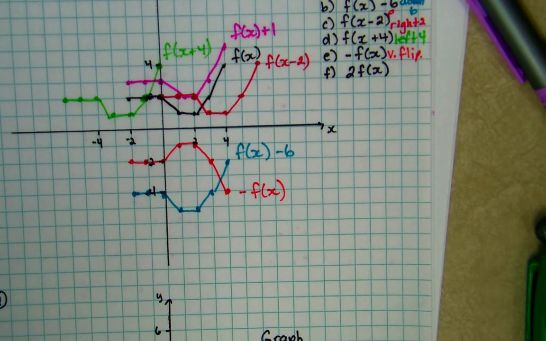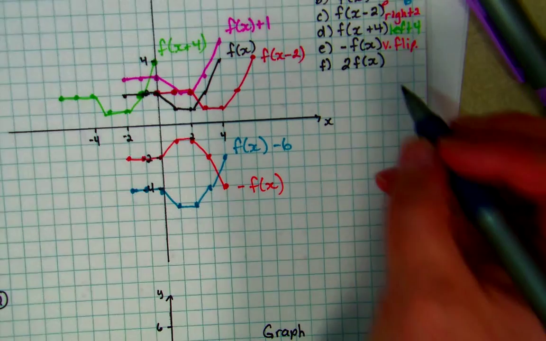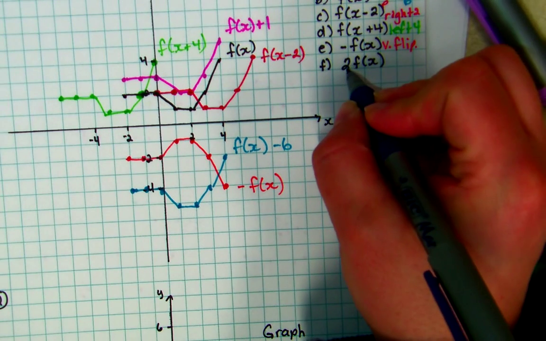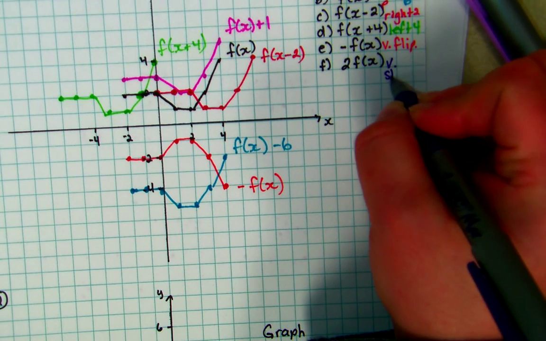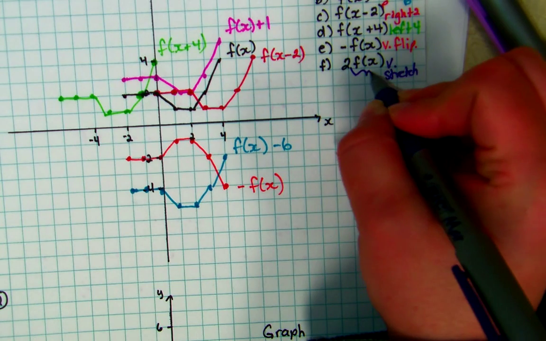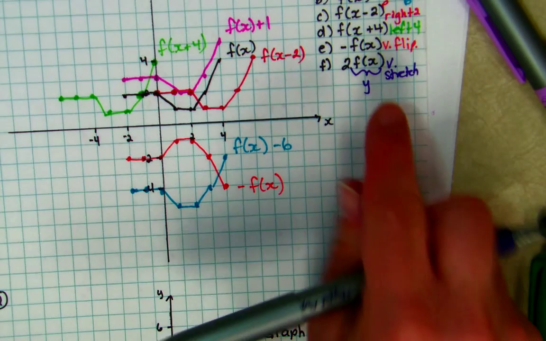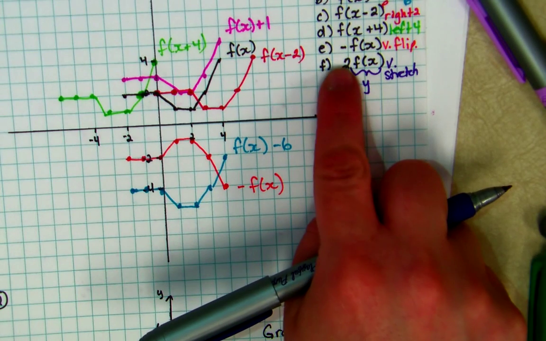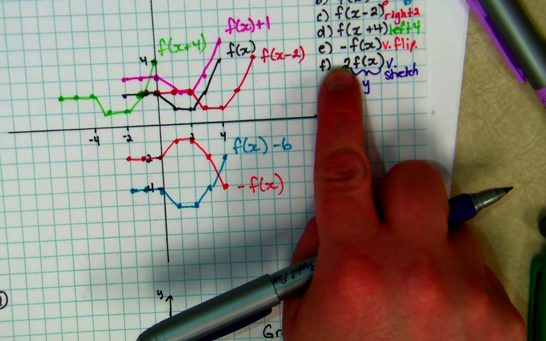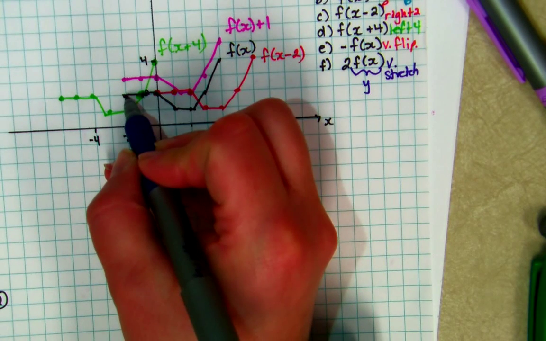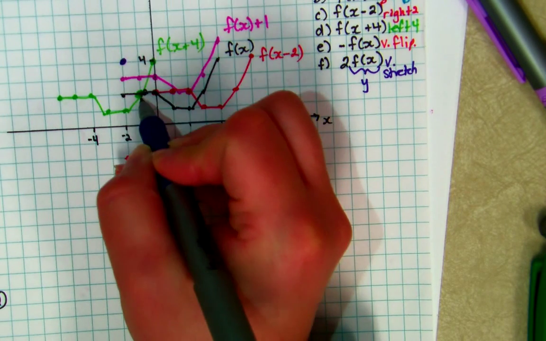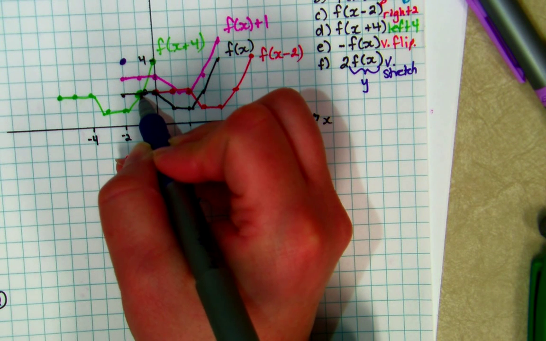So now the last one we're going to do is 2f(x). Well, again, this is an a, so this is going to be a vertical stretch. f(x) is another thing for y. y means our height. So this literally just means double all your heights. So this had a height of 2. It's now going to be 4. I'm always going back to the original black graph.